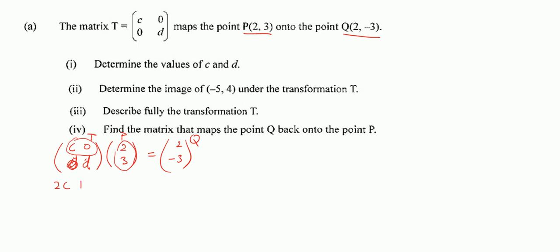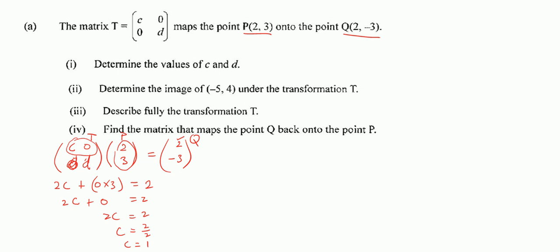So 2C plus 0 multiplied by 3 should be equal to 2. That's the 2 here. Therefore 2C plus 0 is equal to 2, so 2C is equal to 2, therefore C is equal to 2 divided by 2, therefore C is equal to 1.